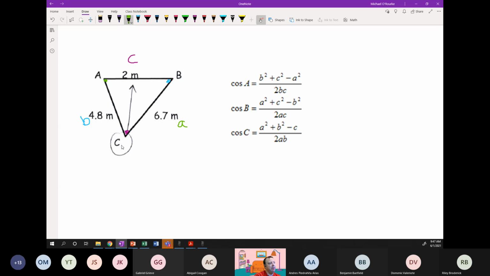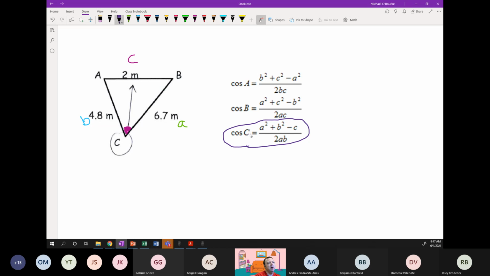Now in this case, we're trying to find angle C right here. This is the question. We're trying to find this. I'm going to erase these two. Since we're trying to find that, we're going to use this formula right here.